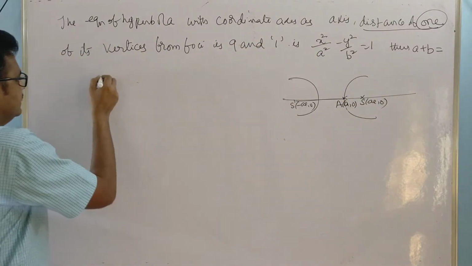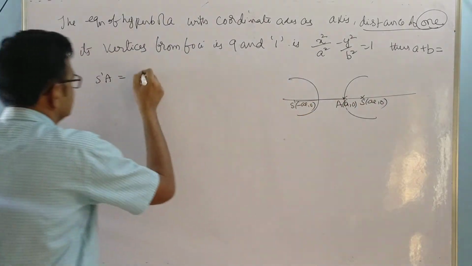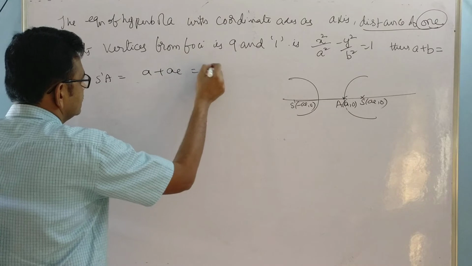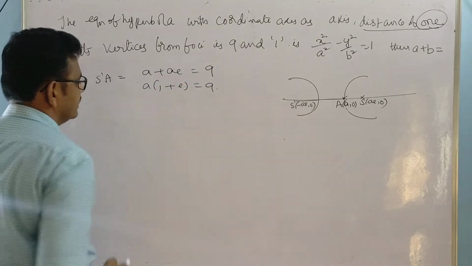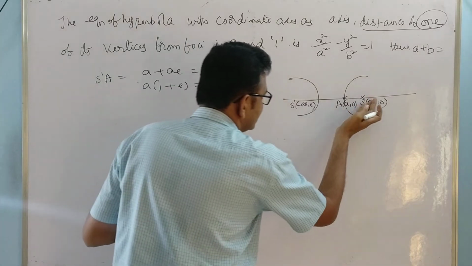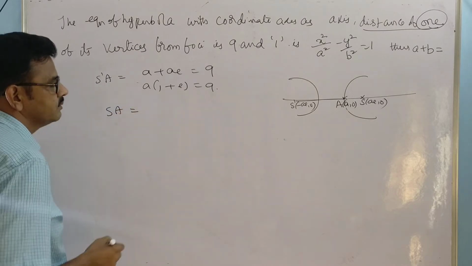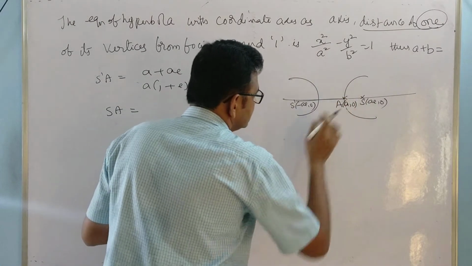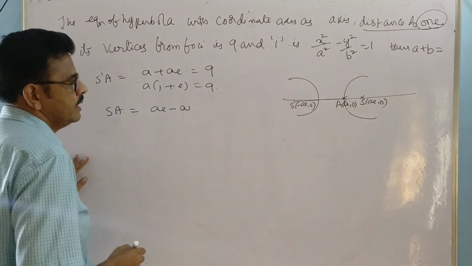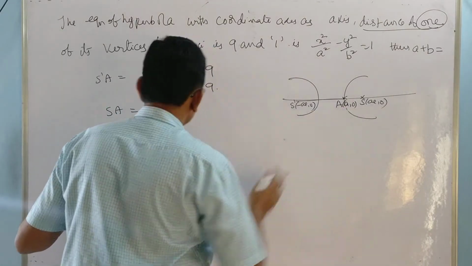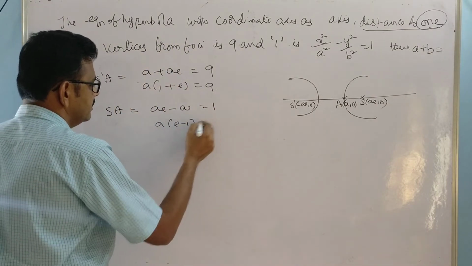Now S dash A is equal to a plus ae, which is equal to 9. If you take a common, a into 1 plus e is equal to 9. Next, SA is equal to ae minus a, which is equal to 1. Taking a common, a into e minus 1.